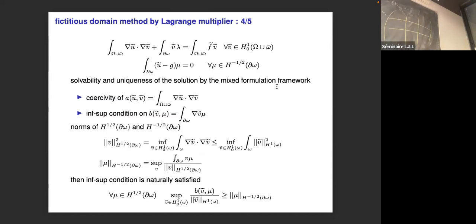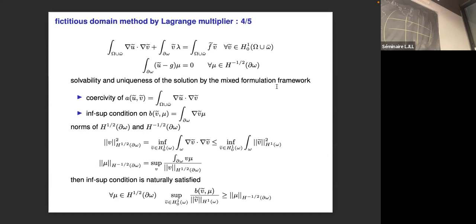And then the issue is we have to think about whether this system is solvable or not. To ensure the solvability, we know the coercivity of the standard Poisson equation, even though it depends on the domain concerned. The most important issue is that this is a constraint problem. We have to think about whether the inf-sup condition is satisfied or not.